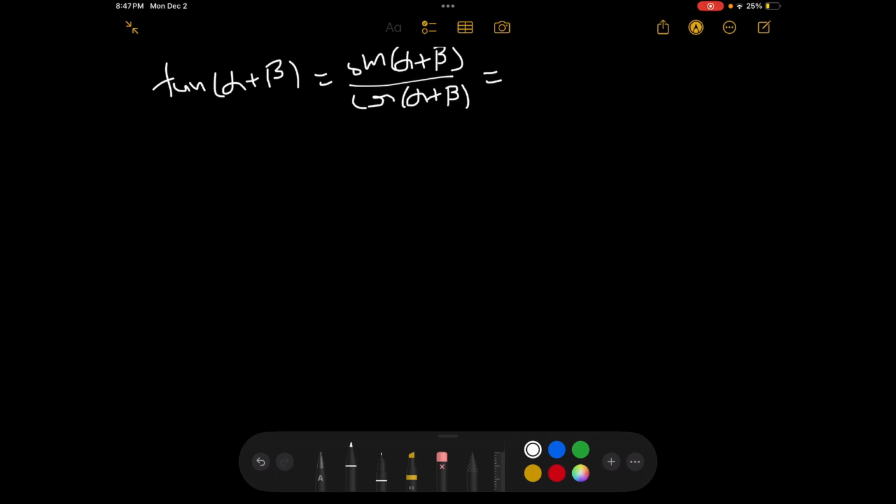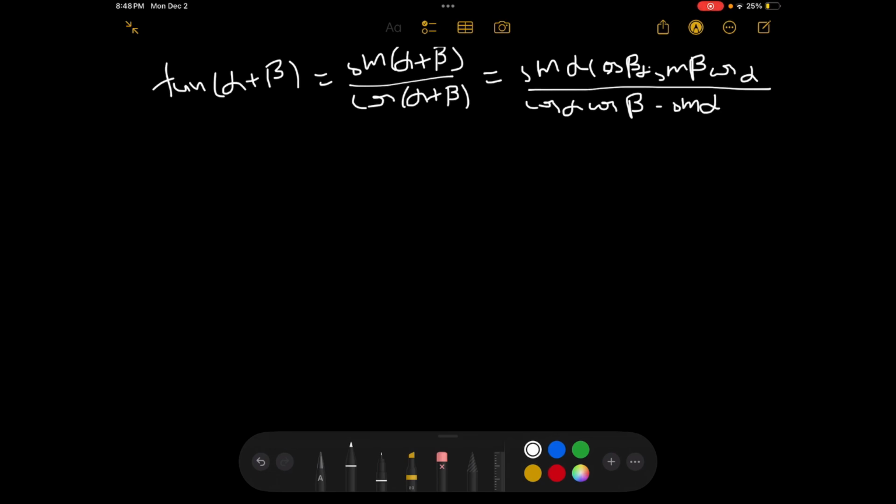And then we can just use our angle sum identities for both sine and cosine. This becomes sine of alpha times cosine of beta plus sine of beta times cosine of alpha, divided by cosine of alpha times cosine of beta minus sine of alpha times sine of beta.